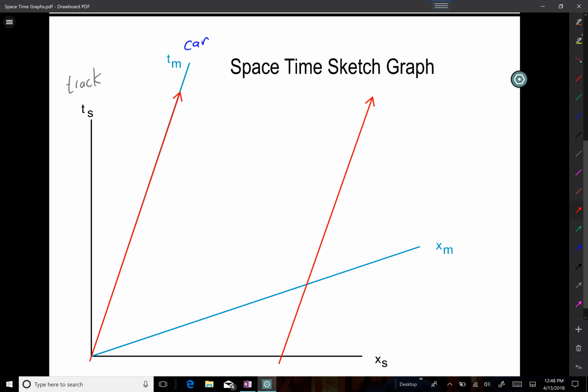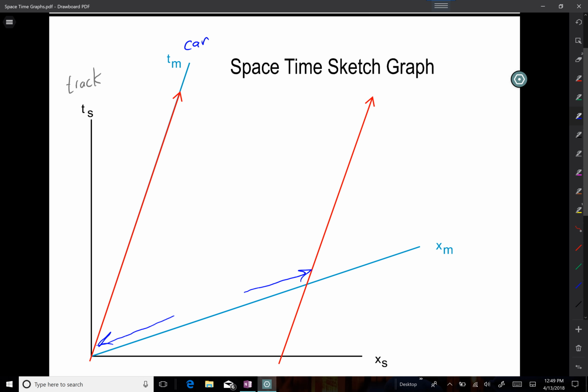And we know the length of the car in the reference frame where it is not moving. So let's put that information in. In the reference frame where it's not moving, that would be in the skewed reference frame. Why? Because the simplest answer is because the world lines are parallel to the TM axis.